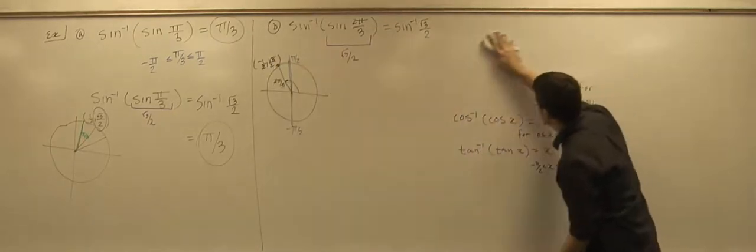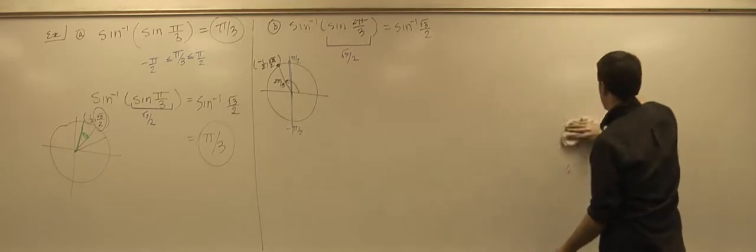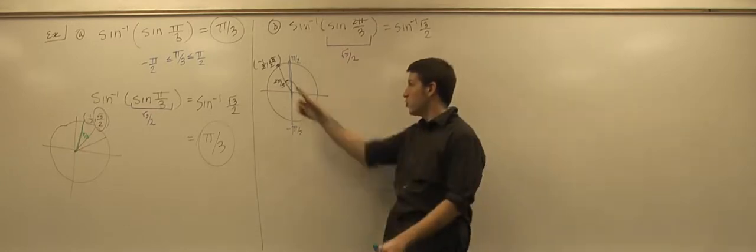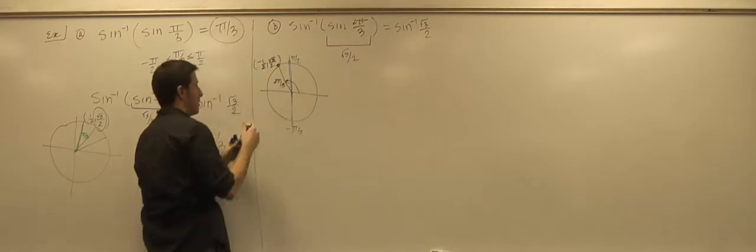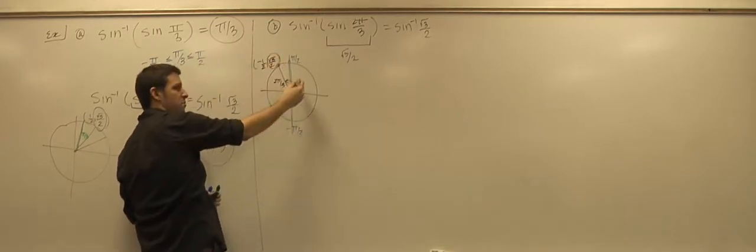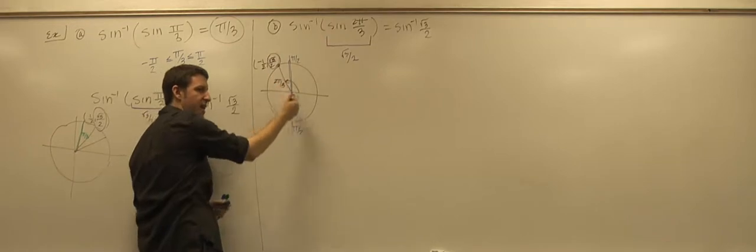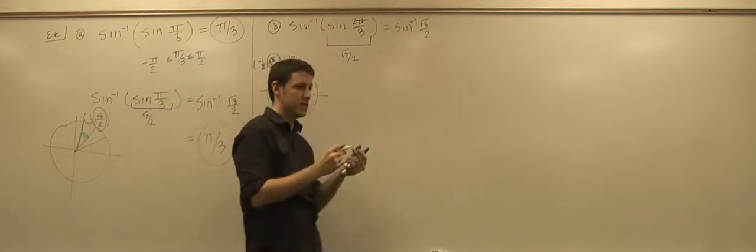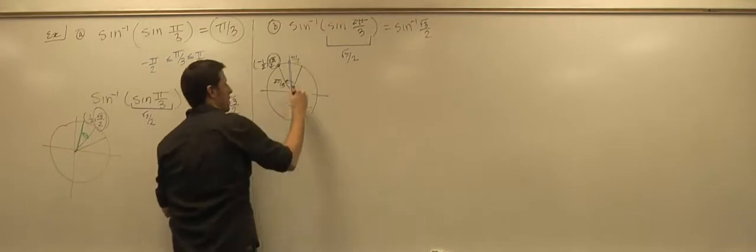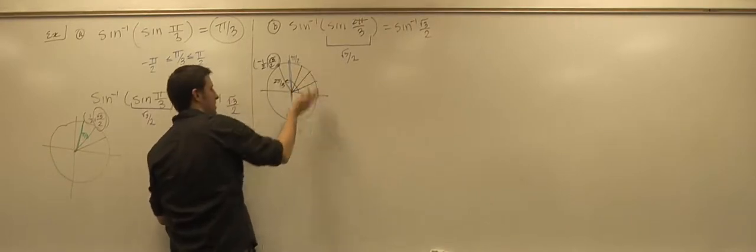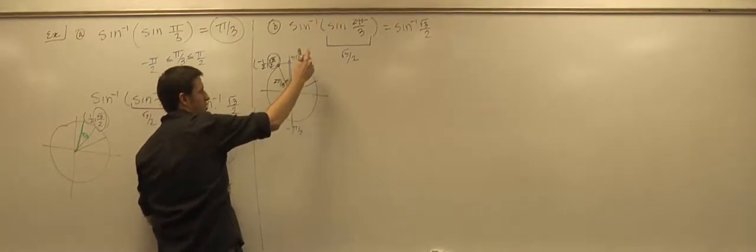What's sine inverse of root 3 over 2? Is it 2 pi over 3? Do I pick this guy here? No, this guy went past my barrier. I cannot use this angle as an answer to sine inverse. So I have to be over here, in this range.